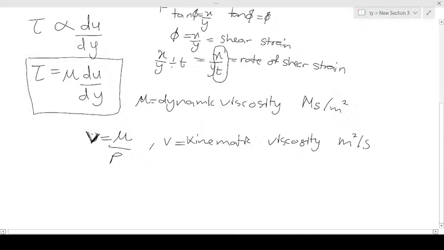Okay, so let's look at surface tension and capillarity.